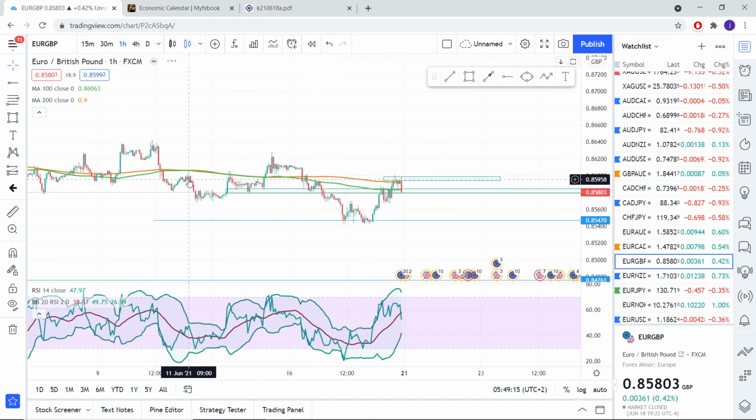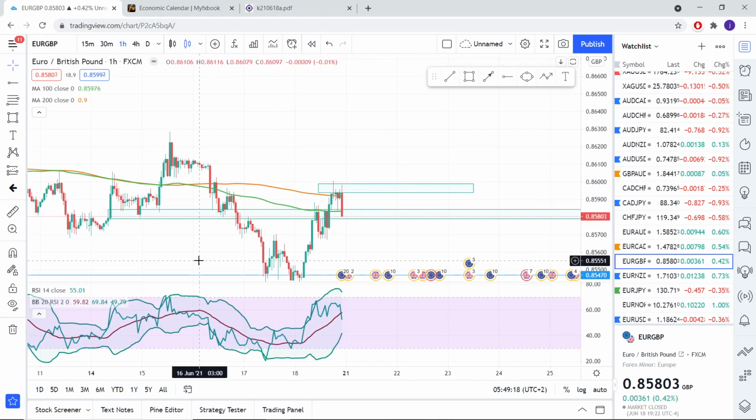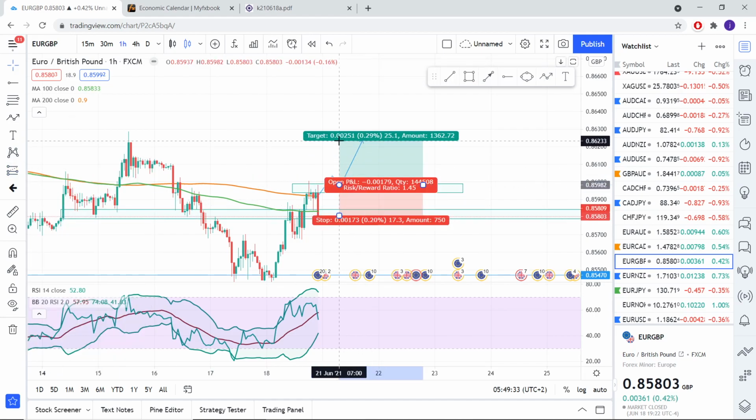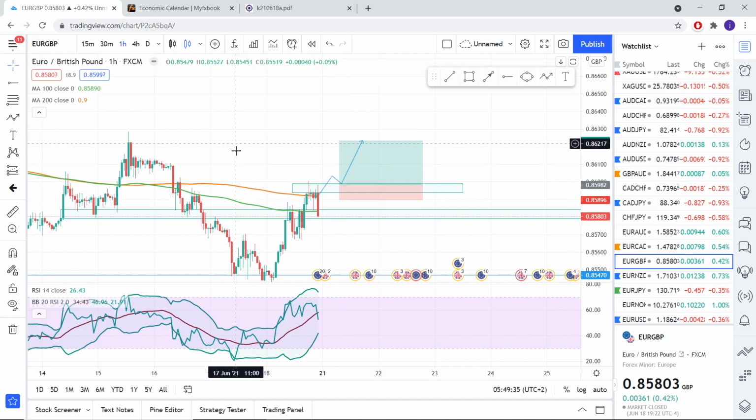Euro GBP, we had a break above this area right here, pull back. Potentially, if you could see a break right above here again, would be possible for a short long setup, right? So something like this, potential trade that could actually happen. I could see this happening, right?